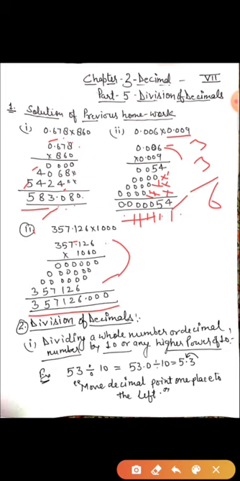Look here, the decimal is present only in the multiplicand, so we place the decimal after 3 digits in the product from the right-hand side, and the answer will be 3,57,126.000.